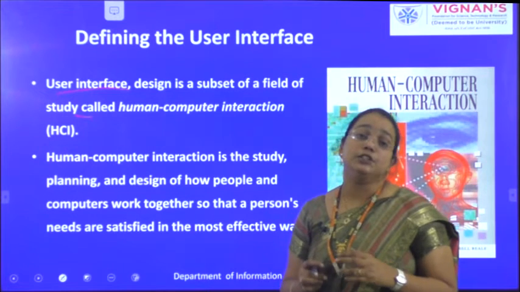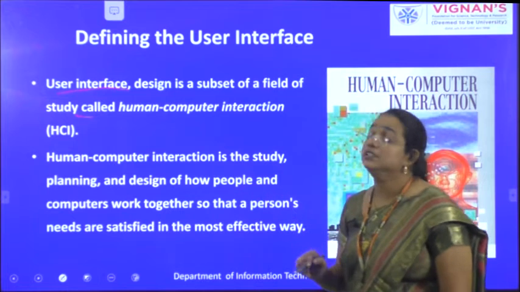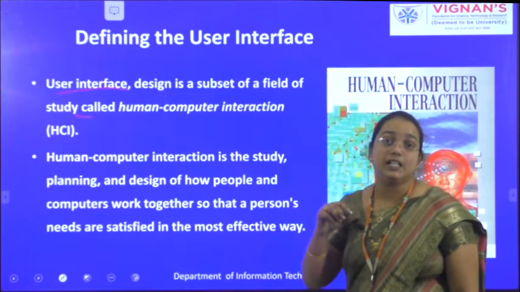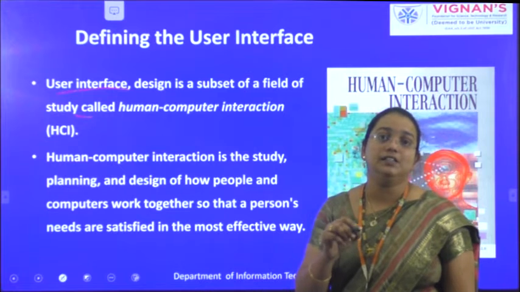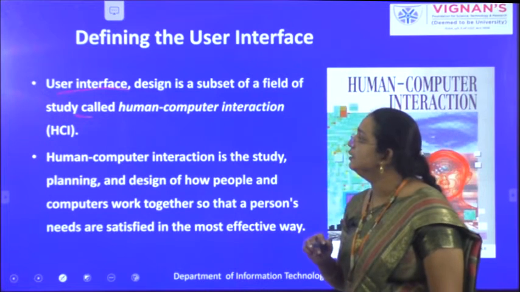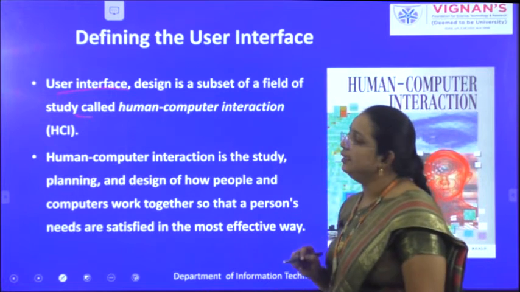When a human interacts with the computer, the user interface is nothing but your screens. Whatever the user is interacting with on the computer, the mediator is a screen. By looking at a screen, we see that, and that is part of the study of human-computer interaction.